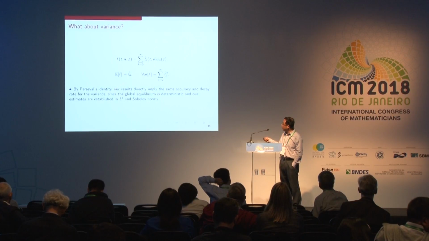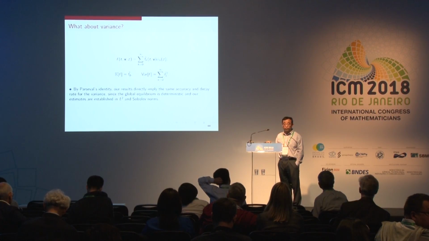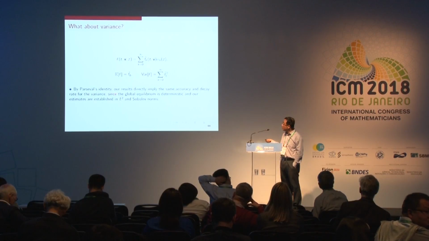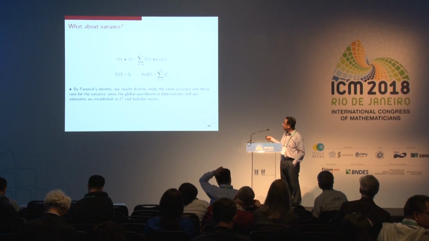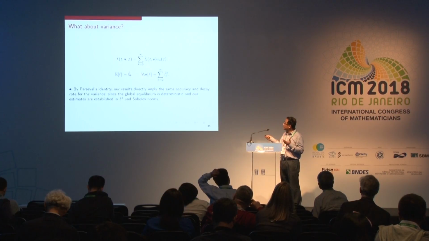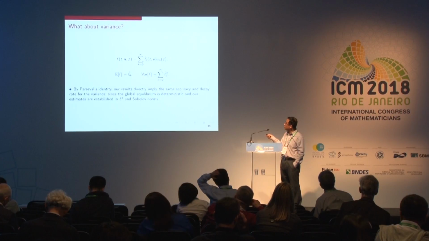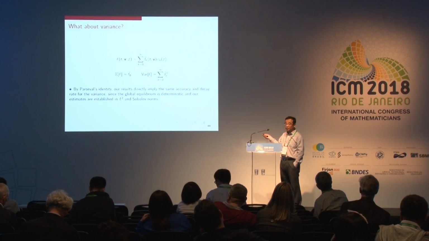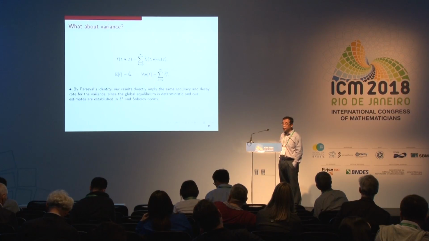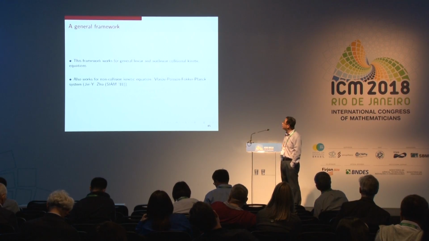Because our framework is built on L2 and Sobolev space, by Parseval's identity our result extends not only to the expected value, but we also give the exact same accuracy and decay estimate for the variance. So it also gives you information about the exponential decay of the variance.